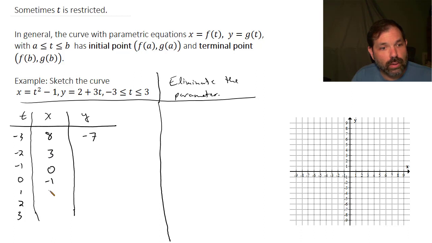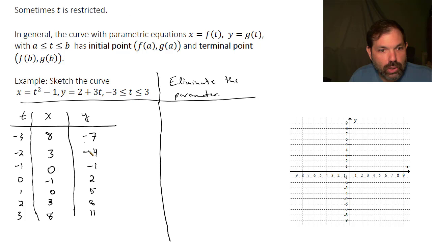Then 0, -1, 3, and then an 8 again. So the x is symmetric. Now the y is linear, not symmetric, with a slope of 3, so this would give me -7, -4, -1, 2, 5, 8, and 11.